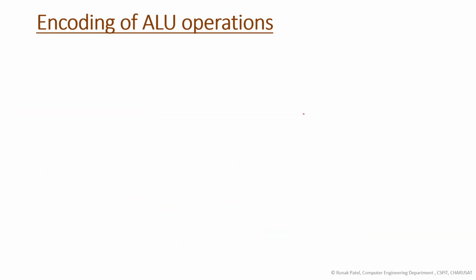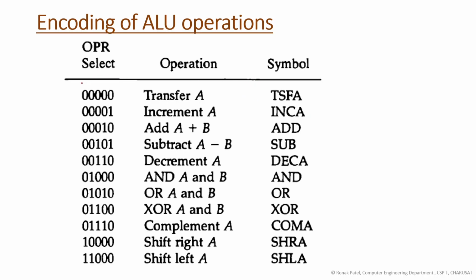Now OPR is remaining. Now the encoding of ALU operation. So 5 bits, as I said: S3, S2, S1, S0, and C in, carry in. So S3, S2 are 00, 01, 10, and 11. So 00 up to here, then 01 here, and 10 and 11 perform the shift operation. 10 is shift right and 11 is shift left.